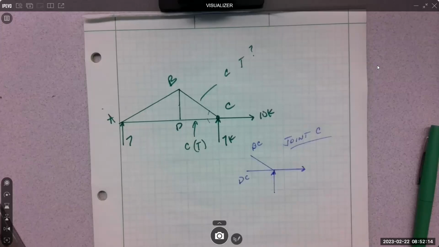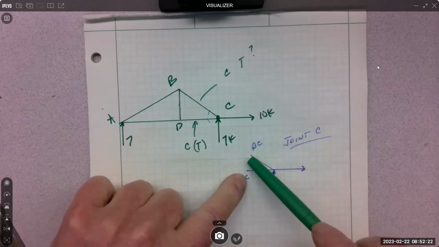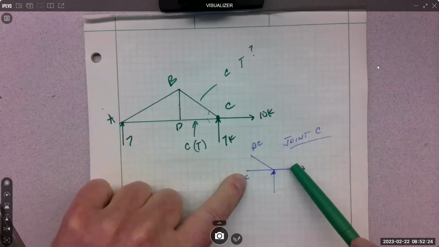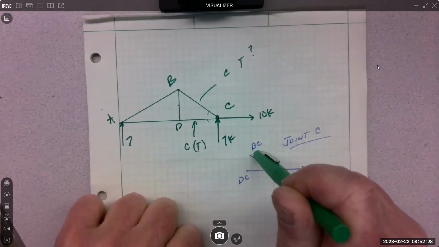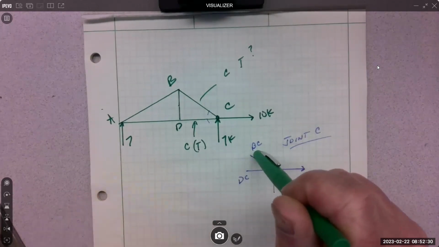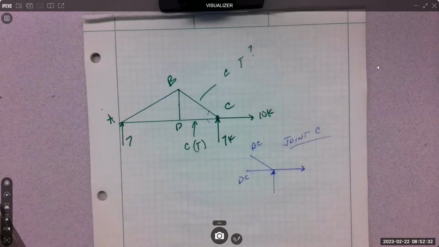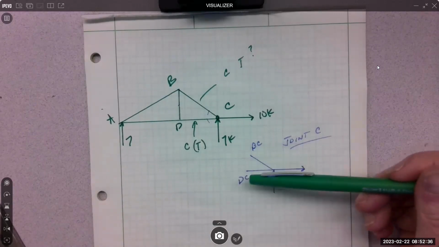I don't know if it's to the left or right, because there's three things going on in the X, right? There's this one, and this one has an X component, correct? Anytime there's three things going on in a direction, I have no idea which way what goes if these are unknown.